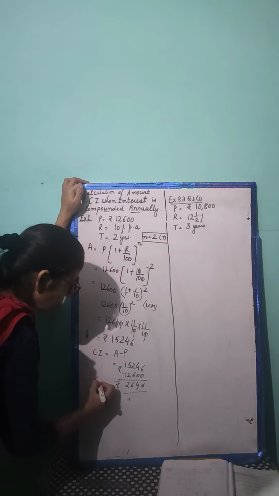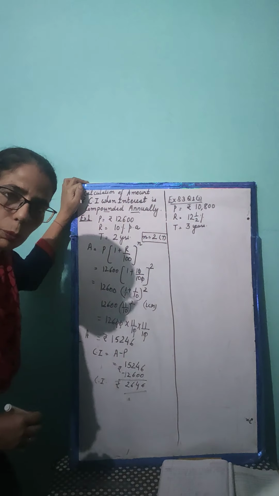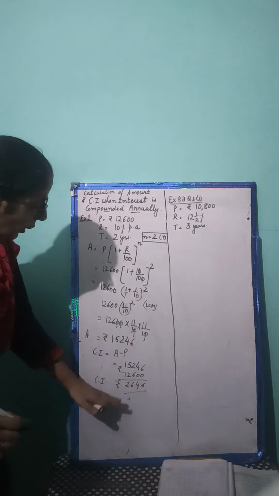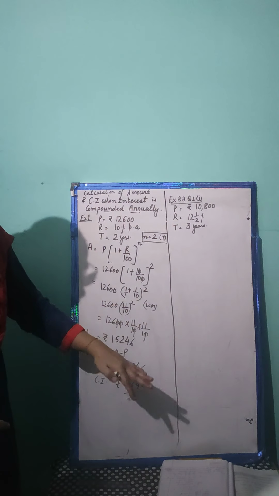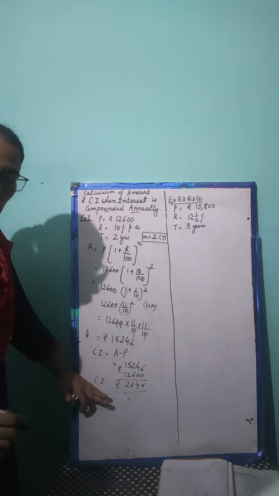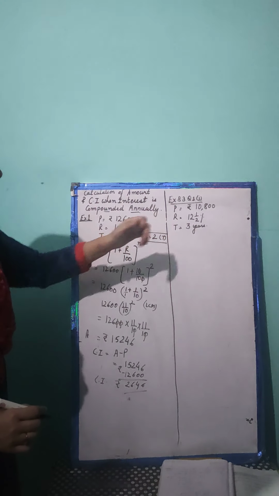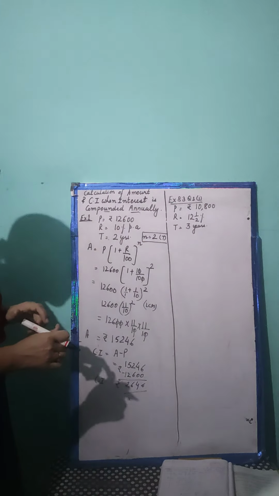So this is the compound interest. I hope you have understood. What we have done, we have simply applied the formula. Instead of doing year by year, we can do it that way also. So let us do the next question in the same way.